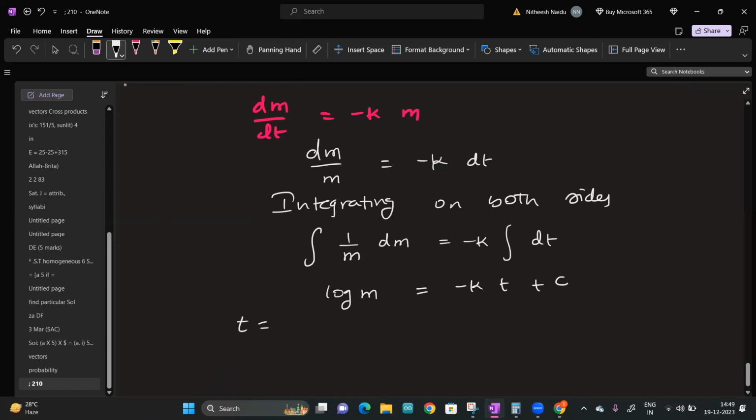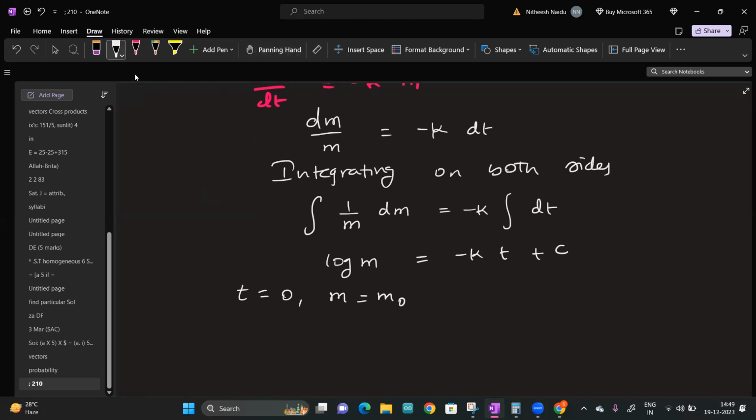So at the initial time t is equal to 0, what is the substance value? Let us suppose say m naught. M naught is our initial value. We don't know this M naught value also. We need to calculate how much that initial mass of the substance will be. Okay, now we will substitute these values here. So log M naught is equal to minus K into T, T as 0 here.